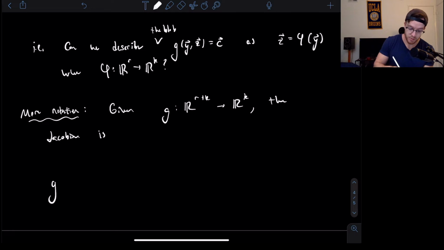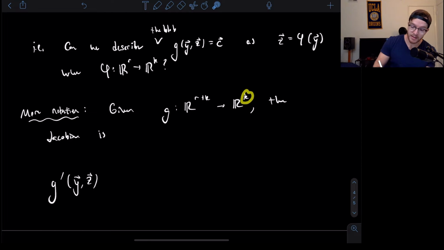So the Jacobian in our usual notation is going to be g prime of (y, z). And this will be a k by r plus k matrix.